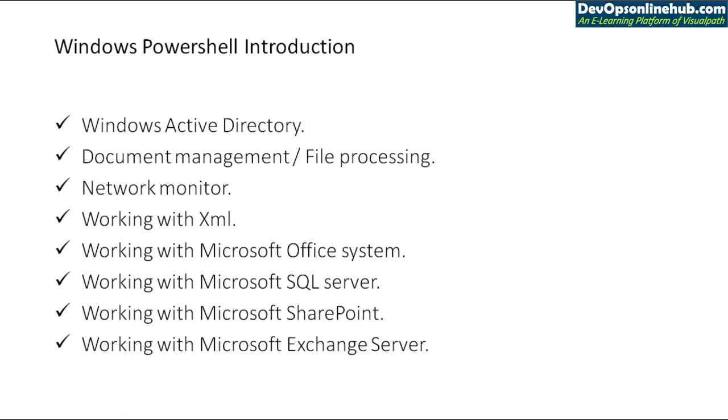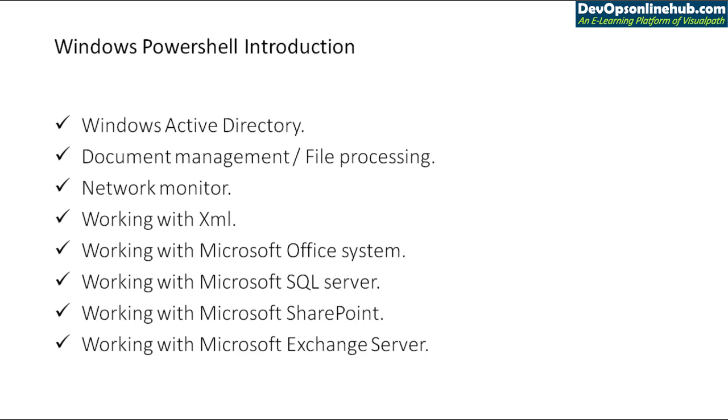And working with XML, this is also a point where most release engineers will work. Let's say, for example, you are deploying your application into different environments, right? Dev environment, test environment, prod environment. So you have to configure some specific settings in your configuration files, maybe the app.config file or web.config file.